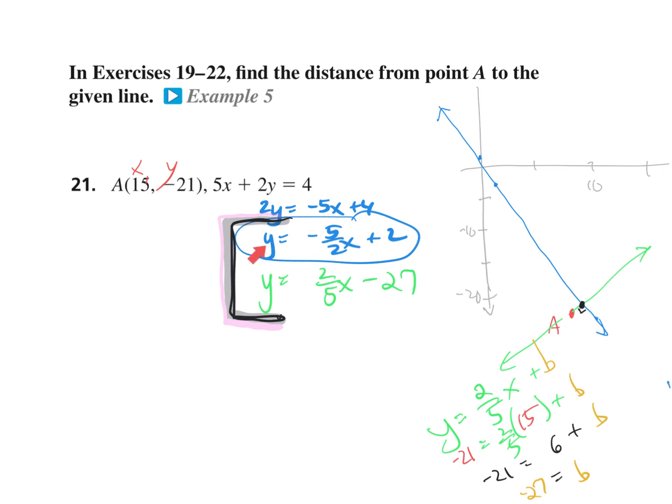So since both left sides are y, the right sides must be equal to each other by the transitive property or substitution. I'm going to get rid of the denominators by multiplying by the least common multiple on both sides. That would be times 10.